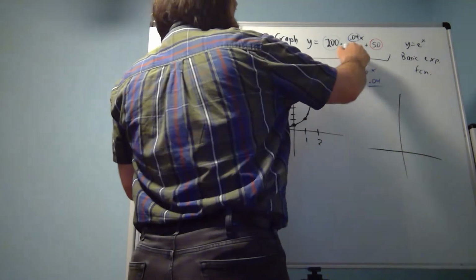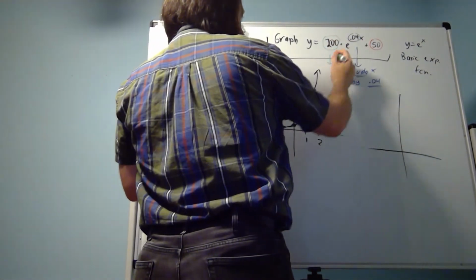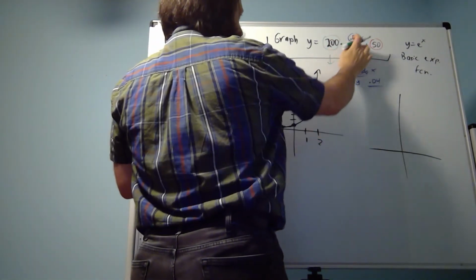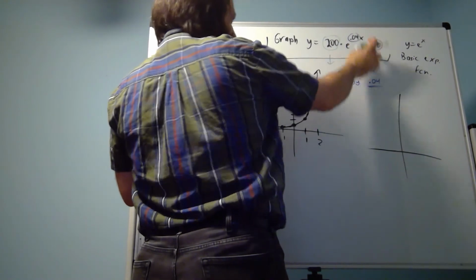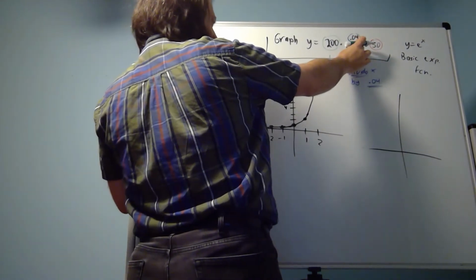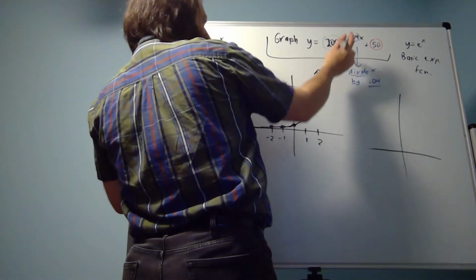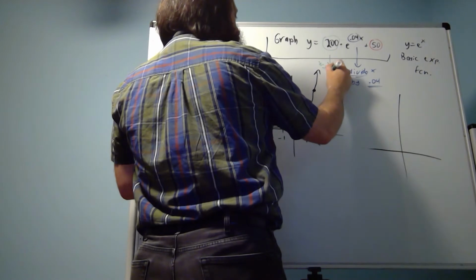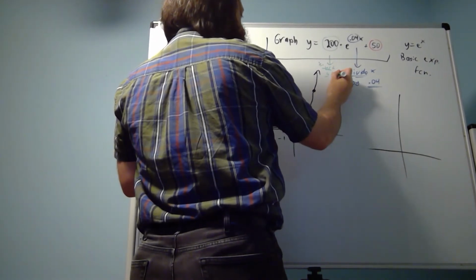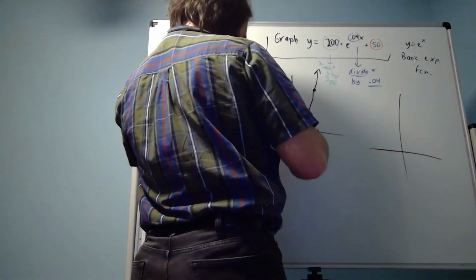The green is, we have the function, and then after we apply the exponential function, we multiply y by 200. Before we apply the function, that divides the x's by 0.04.